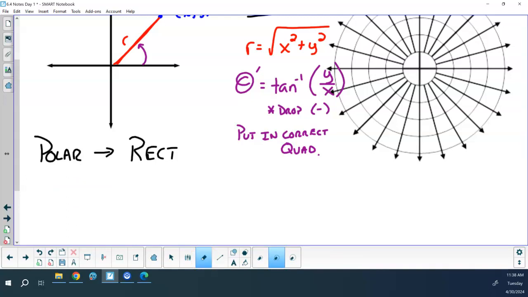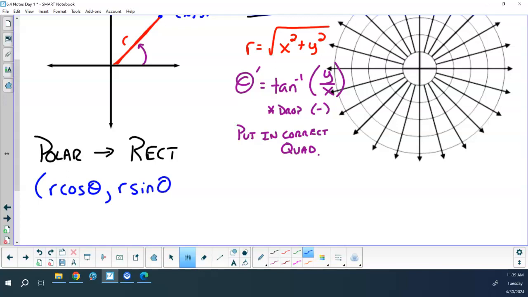The polar point would be of the form r cosine of theta, comma r sine of theta, which would give me my coordinates. So x is r cosine of theta. We've seen that before. Y is r sine of theta. We've seen that. Okay. So we're flip-flopping back and forth.